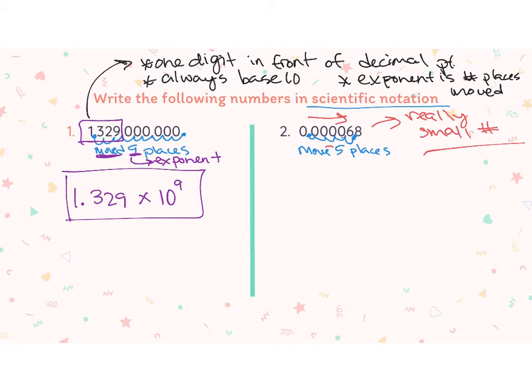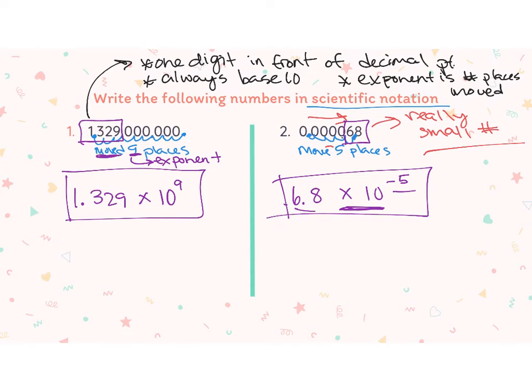So the way I would write this is 6.8 times 10 to the -5th power. Again, you take the number part, that's what goes in front. It's always times 10. And then you raise it to the number of places that you moved it, okay? And that's your scientific notation.